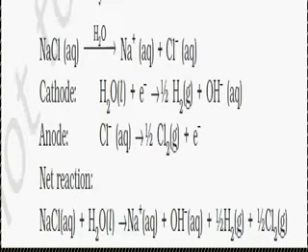So electrolysis of molten sodium chloride gives sodium metal and chlorine gas, whereas electrolysis of aqueous sodium chloride yields hydrogen and chlorine with aqueous sodium hydroxide remaining in the solution.